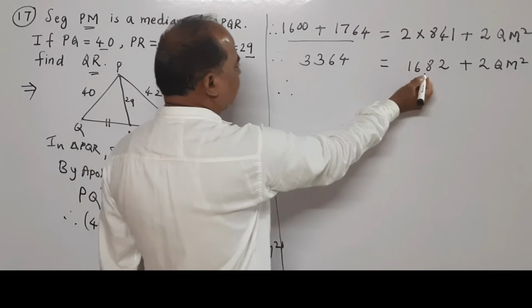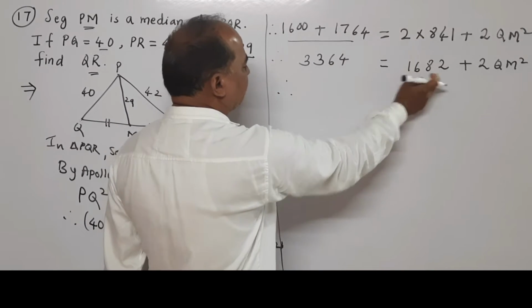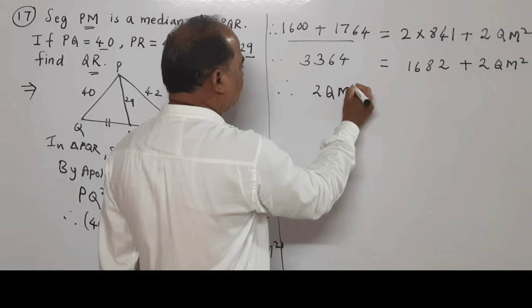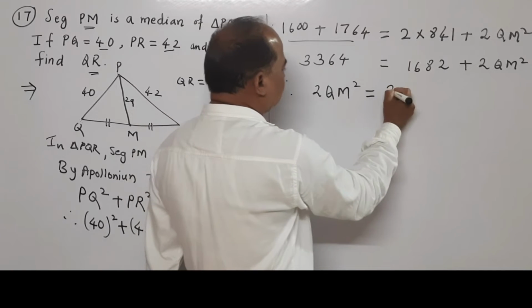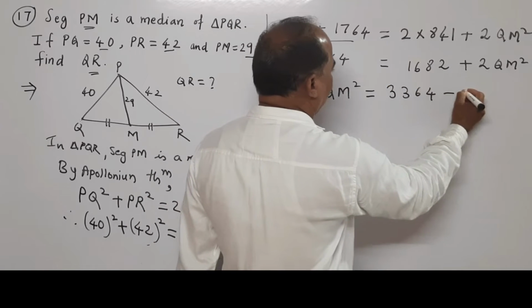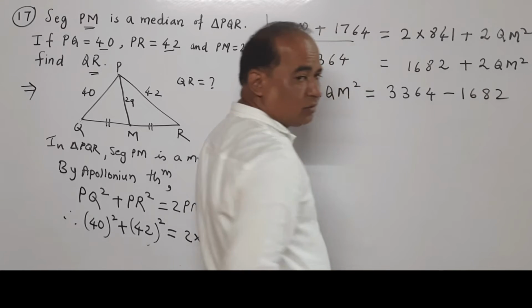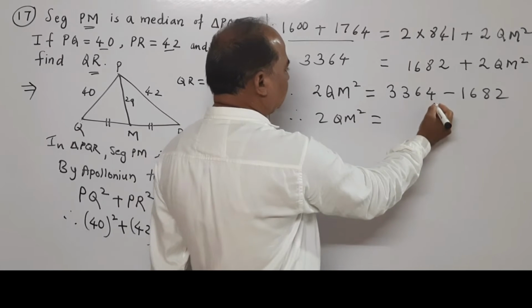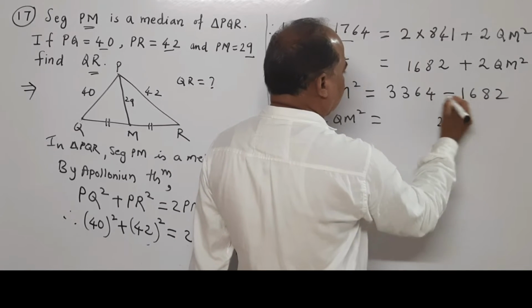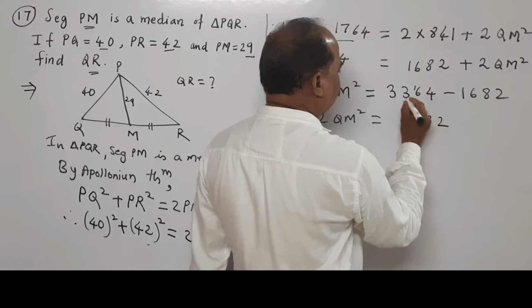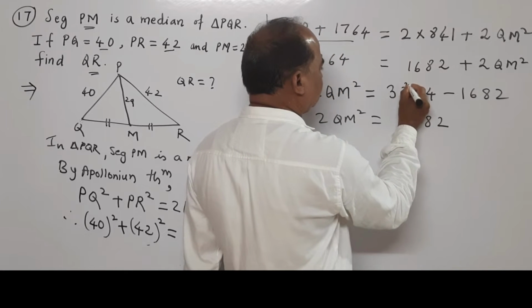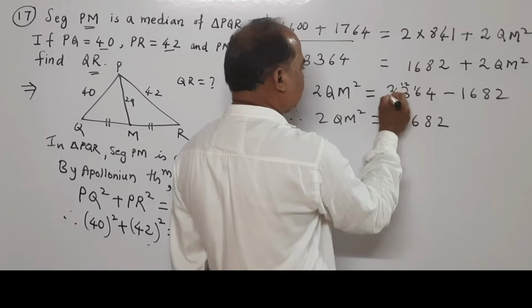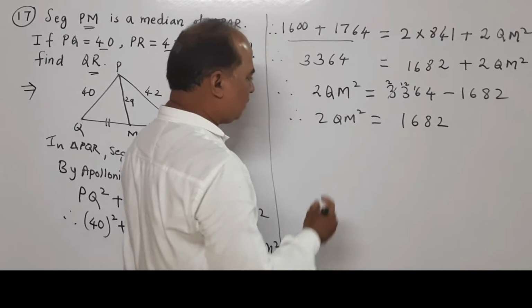Therefore, subtracting 1682 from 3364, 2 QM square is equal to 3364 minus 1682, that is 1682.